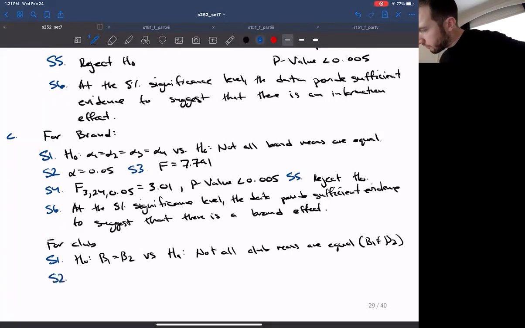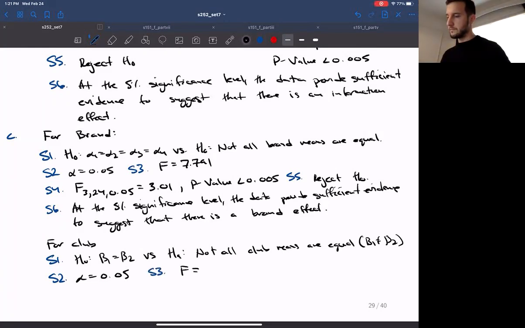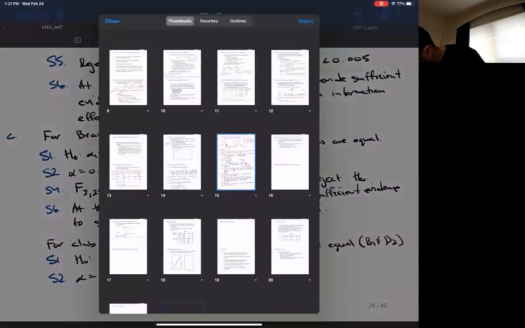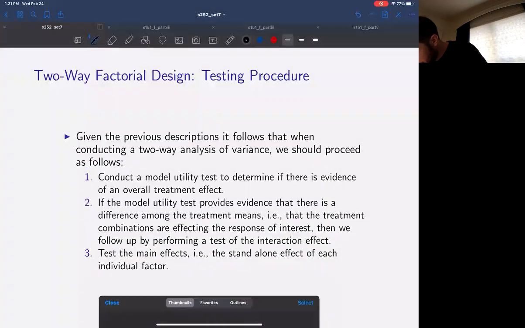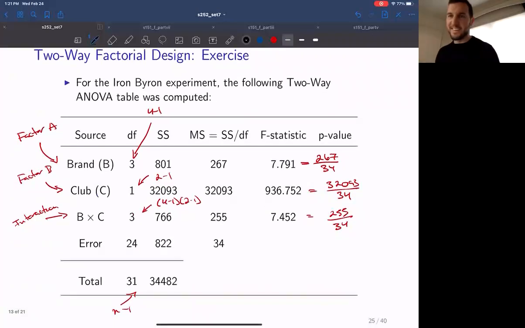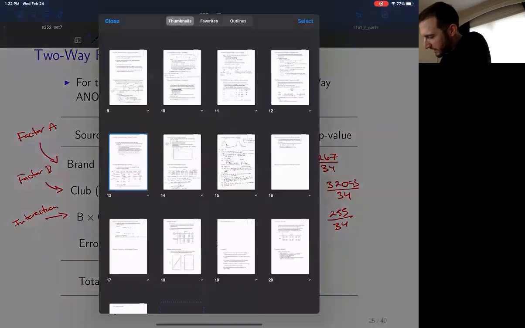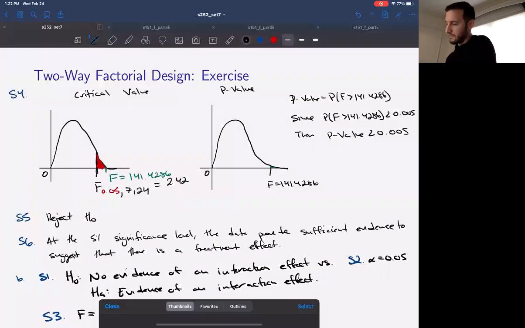Step 2, alpha equals 0.05. Step 3, F is equal to, from the ANOVA table, 936.752. So pretty overwhelming evidence against the null hypothesis in this case.